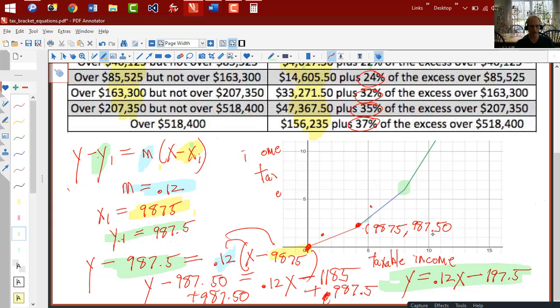All right, so it's pretty straightforward. That's how you generate the equations of the individual line segments of the piecewise function of the tax bracket, if we're graphing x being taxable income and y being how much tax you owed.